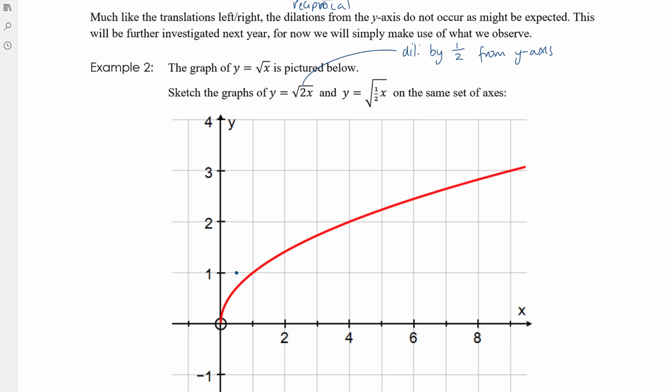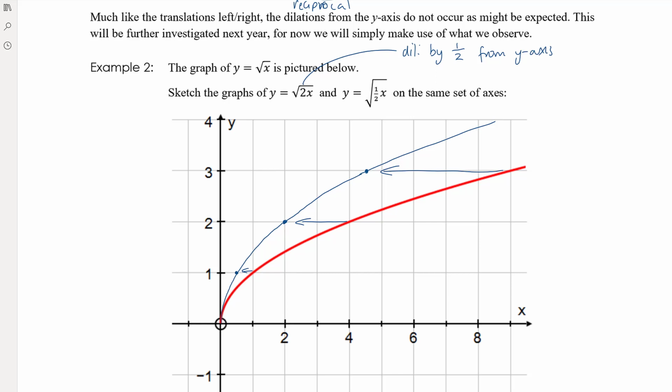This point at 4, 2 goes to 2, 2. This point at 9, 3 goes to 4 1/2, 3. So we're halving all of the x coordinates, so the graph gets closer to the y-axis.